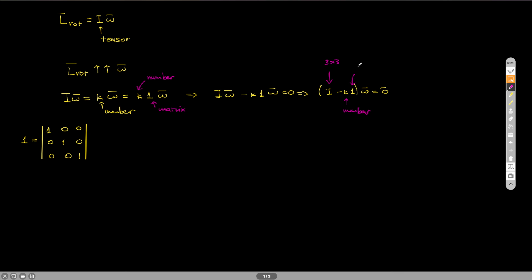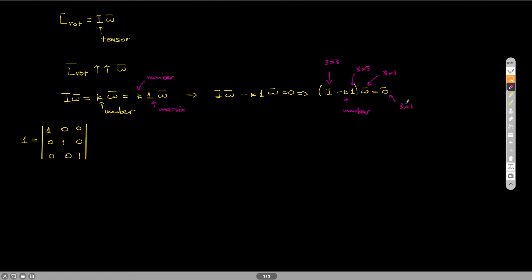This refers to another 3x3 matrix. A number times a 3x3 matrix gives you a 3x3 matrix, and it makes sense to subtract a 3x3 matrix from another 3x3 matrix, and this omega is a 3x1. When you do all of this, at the end you should get a 3x1 matrix.